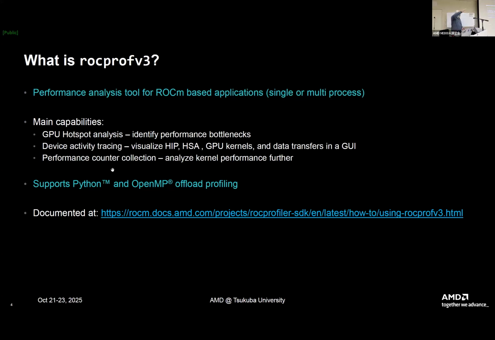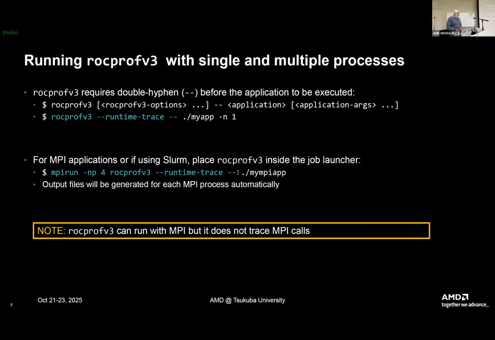So it's going to give you an ordered list of the ones that are taking the most time. There is some good documentation on how to use it. So with a single process, you use the double hyphen just before your application, and then the arguments of the application come after that.